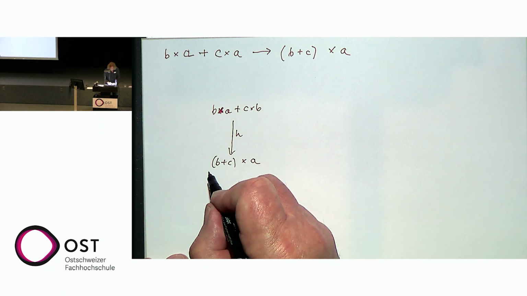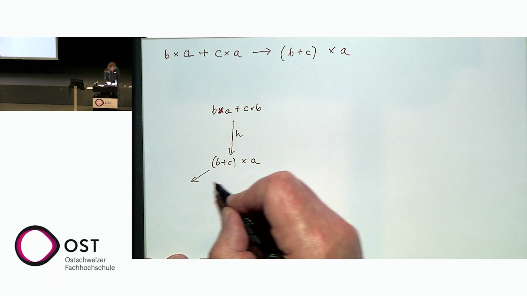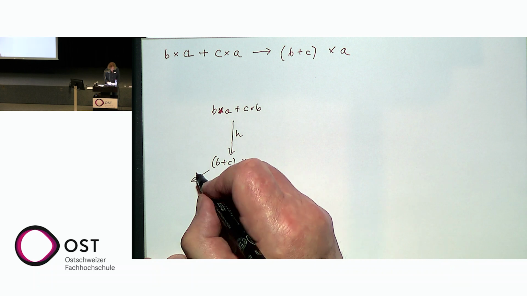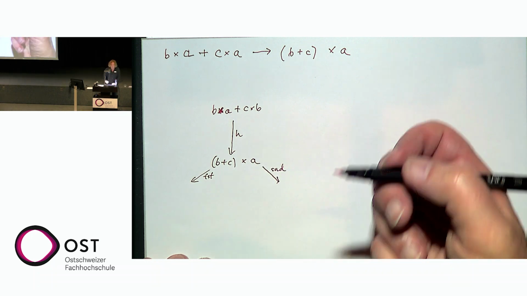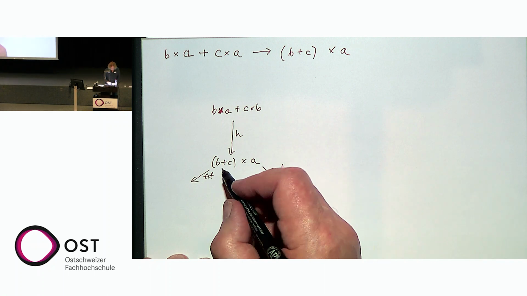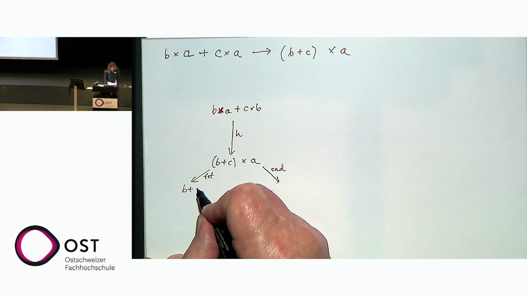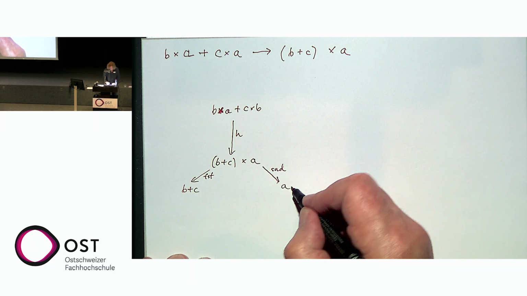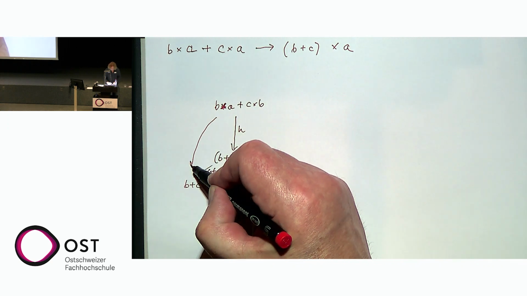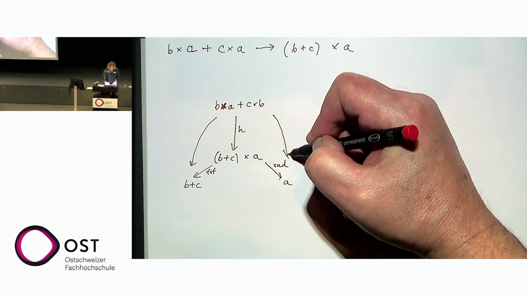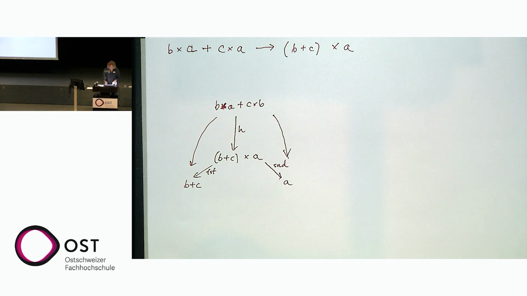So I redraw this product diagram: this was first, and this was second. I'm just using the fact that it's a product. First will produce B plus C, and second will produce A. So in order to find H, I have to provide what? A pair of functions, like this and like this.